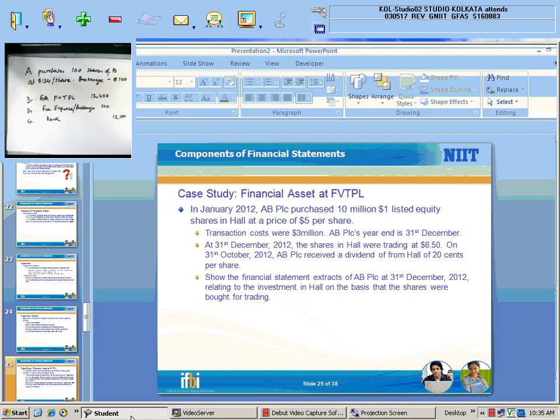That means this financial asset is measured at fair value through profit or loss. Shares have not yet been sold. So how will REV PLC treat this dividend income and the subsequent measurement of the financial asset in its books at the time of closing its books on 31st December 2012?